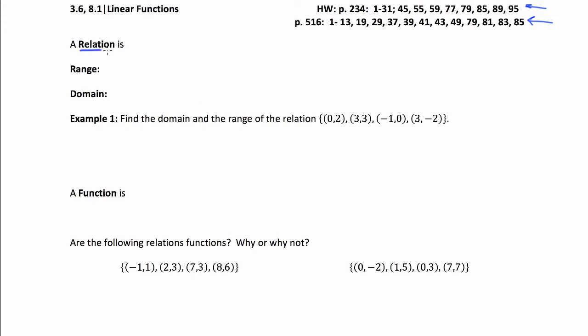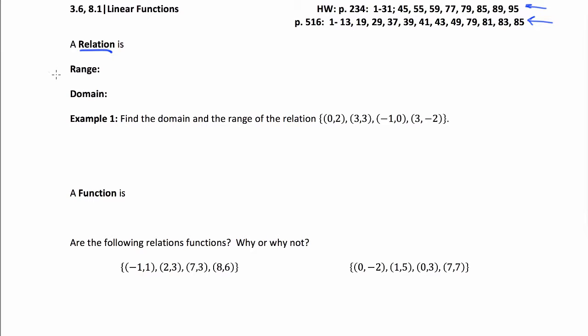So we're describing a relation first. It turns out a function is a special kind of relation that ends up being a pretty big deal in algebra. So a relation in general is a pretty general thing.